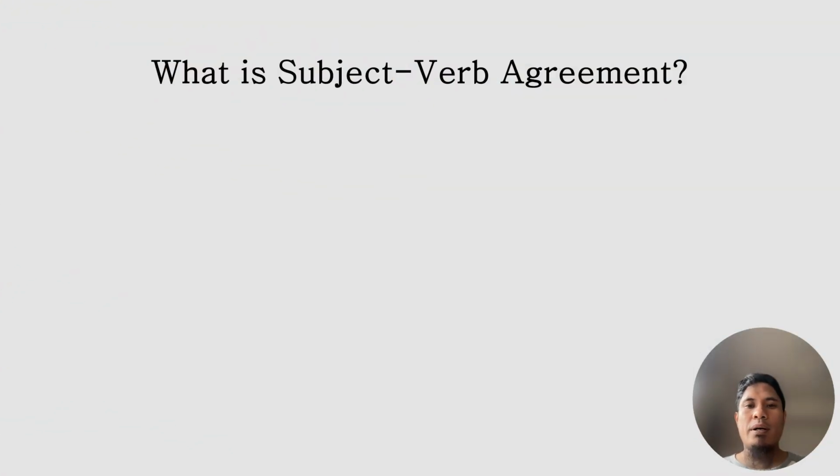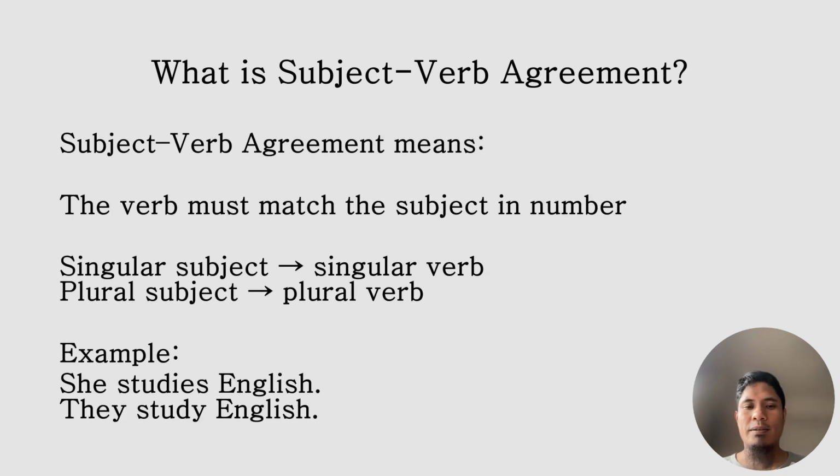In English grammar, verbs must agree with their subject, right? This means the verb form changes depending on whether the subject is singular or plural. For example, when the subject is singular, such as she or he, the verb usually takes an S ending in the present tense.